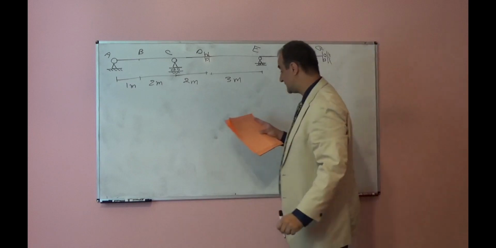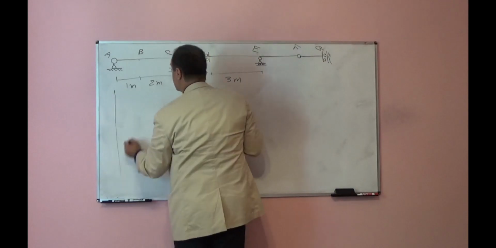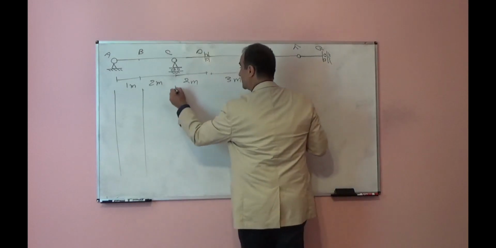Okay, for this beam, we want to draw the moment influence line at point B.